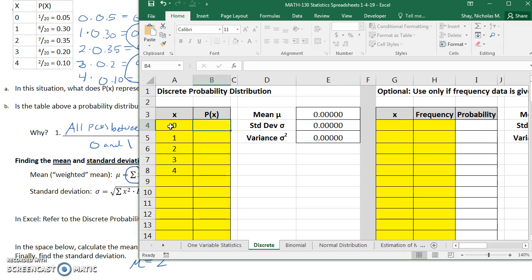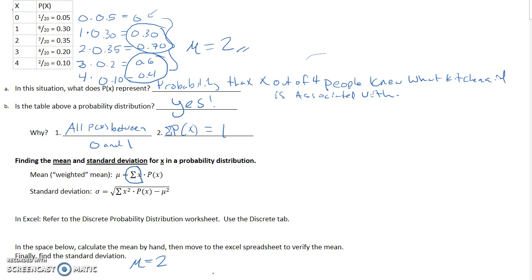And then our probability values are 0.05, 0.30, 0.35, 0.20, 0.10. And look, we do have our mean. We found our mean was 2. And our standard deviation, let's round this to 2 places, is 1.05. So our mean was 2, and our standard deviation for this example is 1.05.